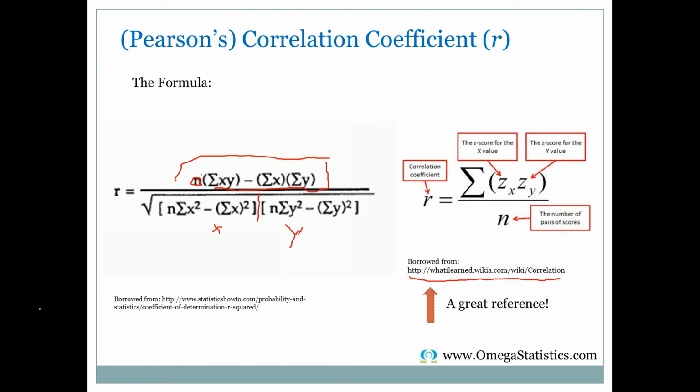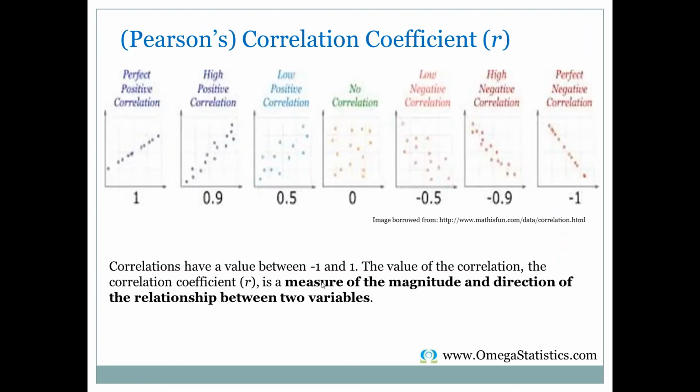So how does that work? What is it good for? Well, let's look a little bit more at it. Correlations have values between -1 and 1. The value of the correlation is the correlation coefficient. It's a measure of the magnitude and the direction. So not only do we have how big it is, like 0.5 or 0.9, but also what direction it is going.